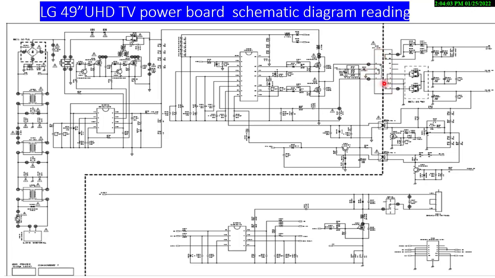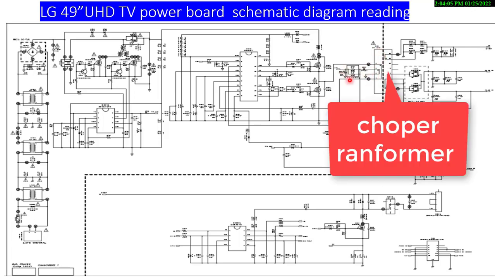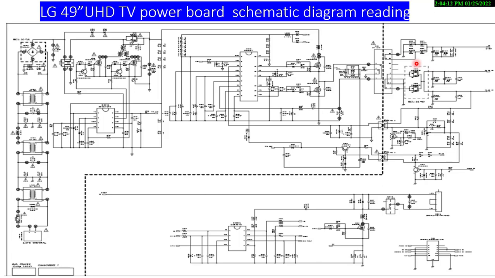This one is to transfer the frequency from the multi-switch transistor to the secondary sections of the power supply. Here the rectifier diodes convert the incoming signal from the chopper transformer to DC. Here the filter circuit smooths the ripple AC voltage from the rectifier diode.